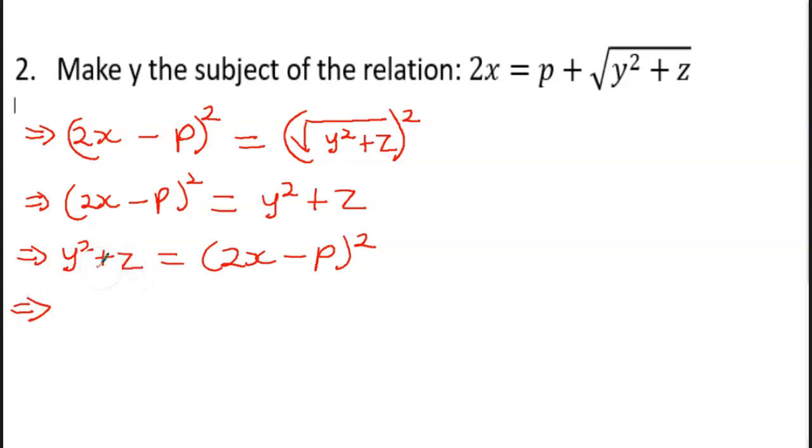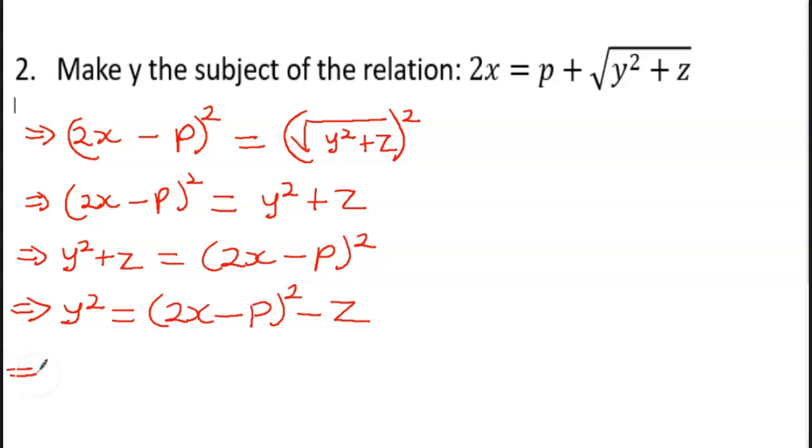Z, we need to take z to the other side. So we have y squared is equal to, it is plus here, so when it crosses this equal sign, it becomes negative: 2x minus p all squared minus z.